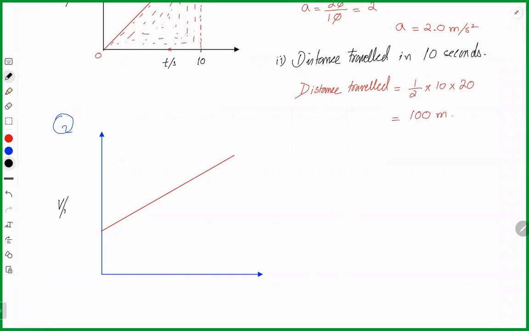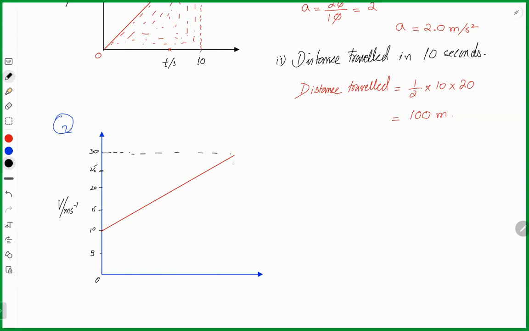This is speed in meters per second: 5, 10, 15, 20, 25, 30, and this is 0.